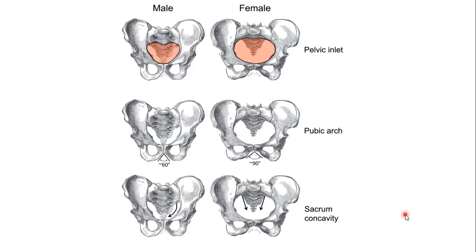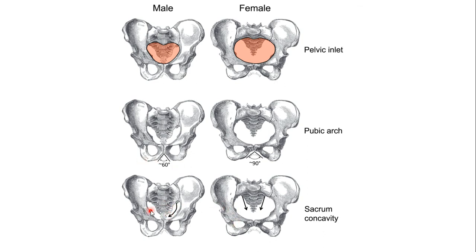Okay, so here's another image of our comparison of the male and the female pelvis. As you can see, the pelvic inlet of the female patient is rounder compared to the male, which is the shape of a heart. Now the pubic arch in females is wider compared to the pubic arch in males, which is narrower.